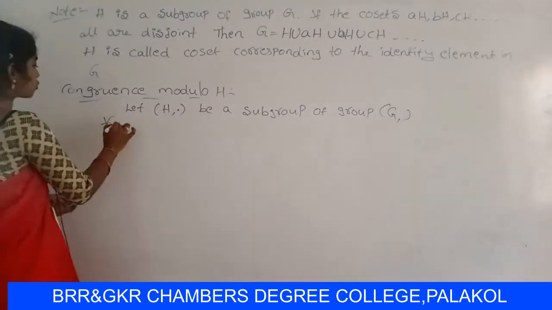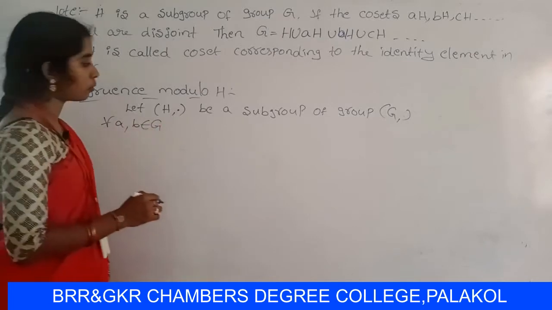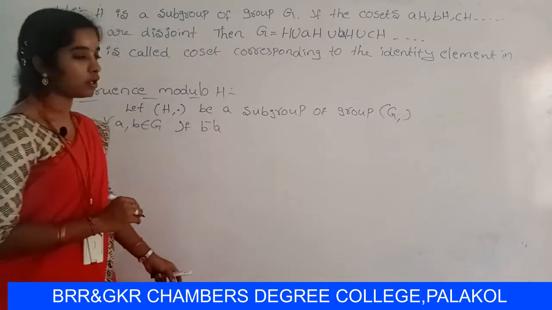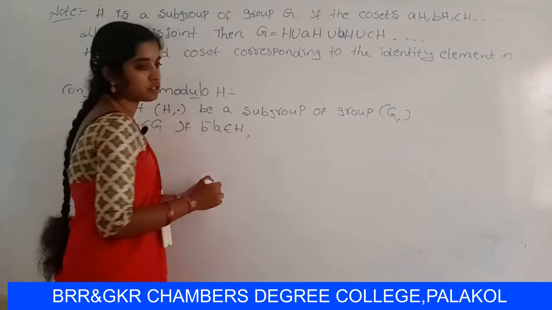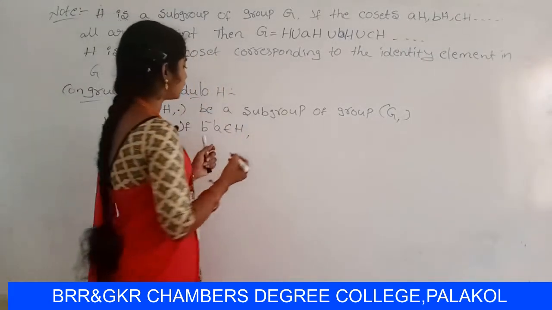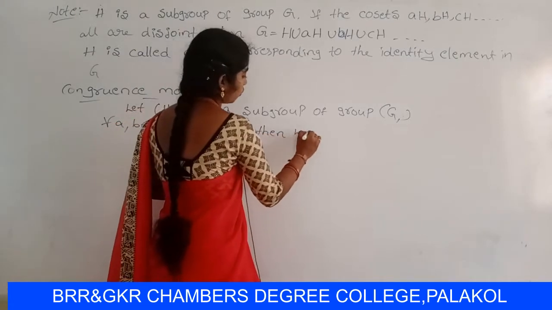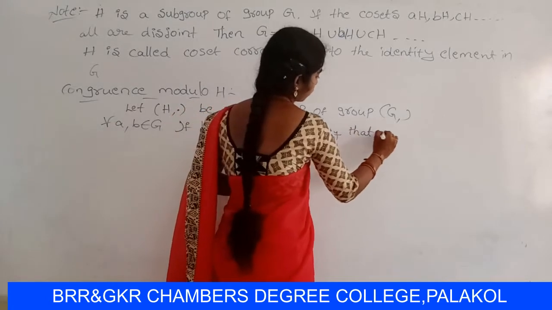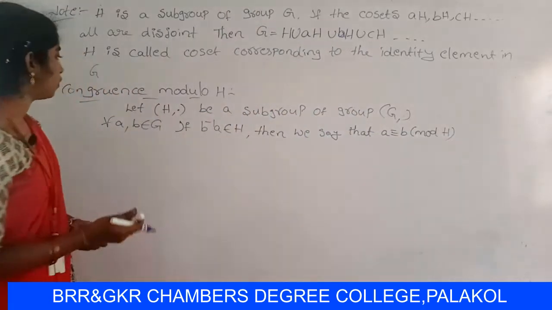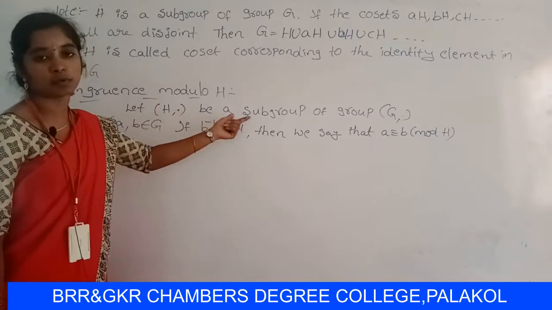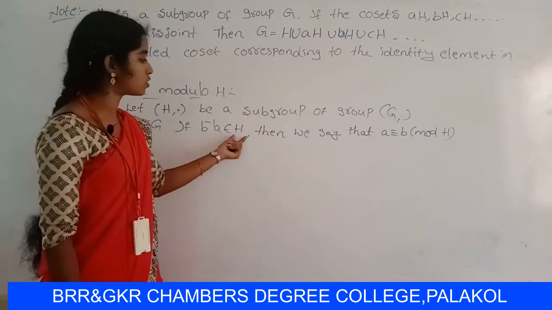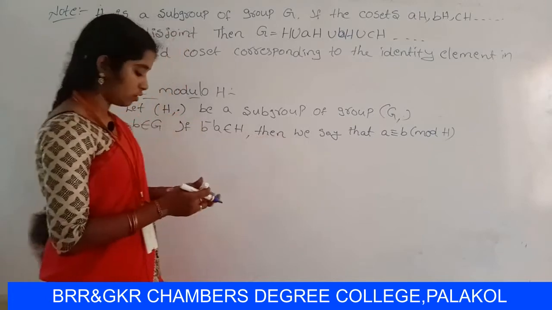For all A, B belonging to G, if B inverse A belongs to H, then we say that A is congruent to B modulo H. So, congruence modulo H: let (H, dot) be a subgroup of group (G, dot); for all A, B belonging to G, if B inverse A belongs to H, then we say that A is congruent to B modulo H. So next, discuss a theorem.